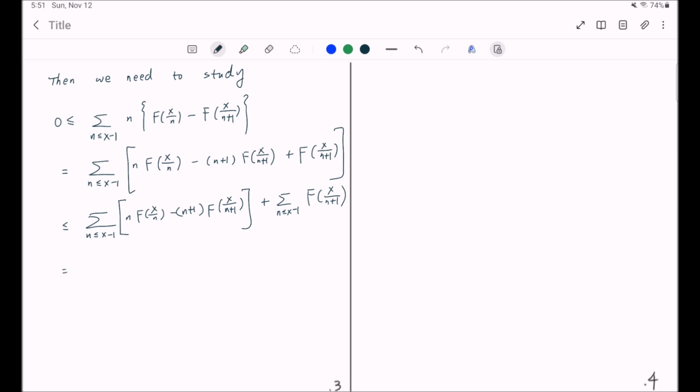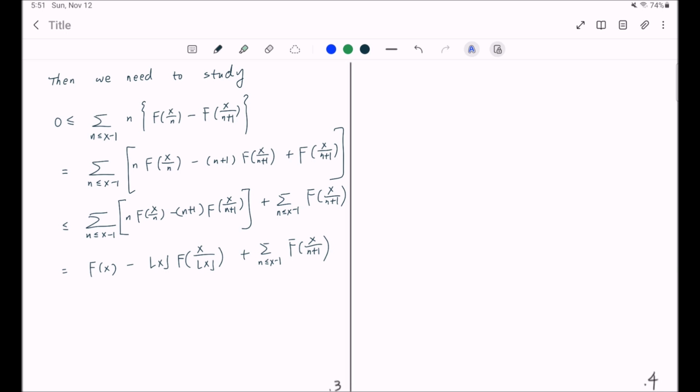The first term, namely when n is equal to 1, is simply f of x. And the last term, namely when n is the floor of x minus 1, is floor of x times f of x divided by floor of x.